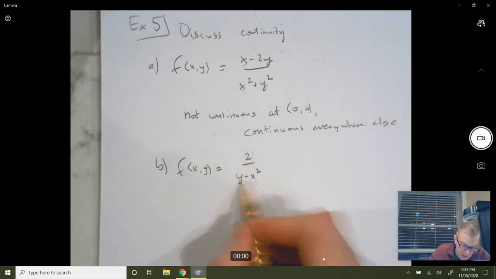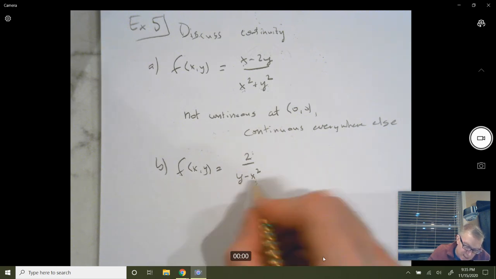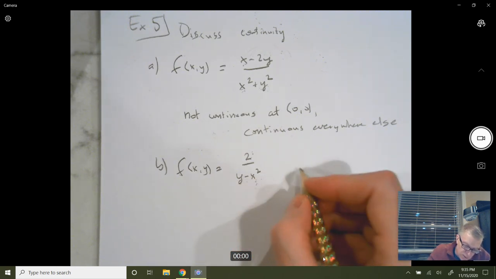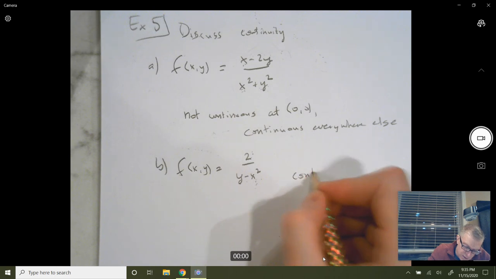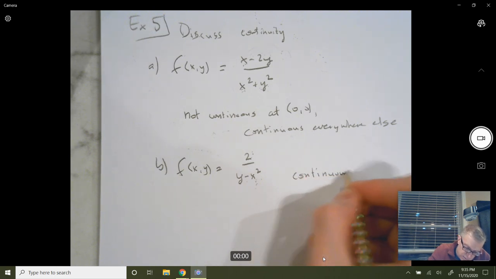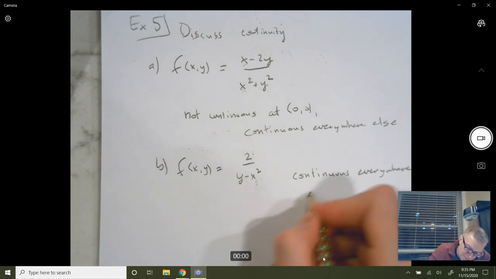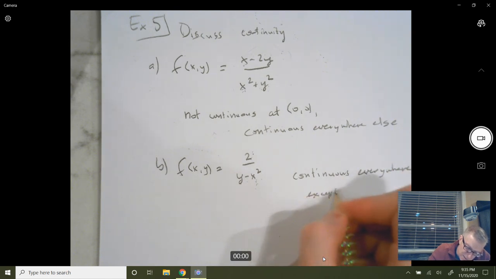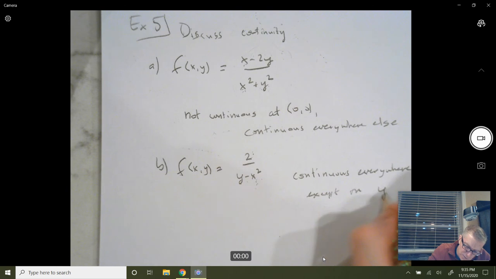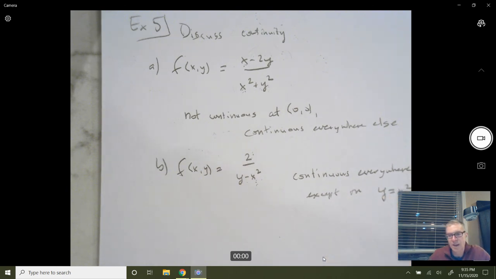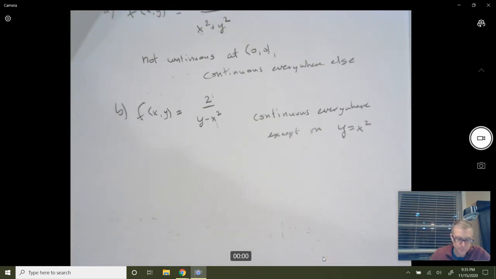This is only not defined when y minus x squared equals 0. So I will just say it's continuous everywhere except on y equals x squared. Except when y equals x squared.